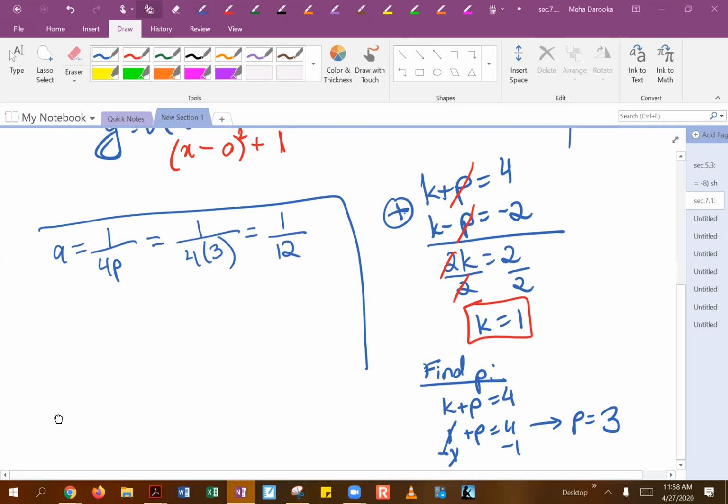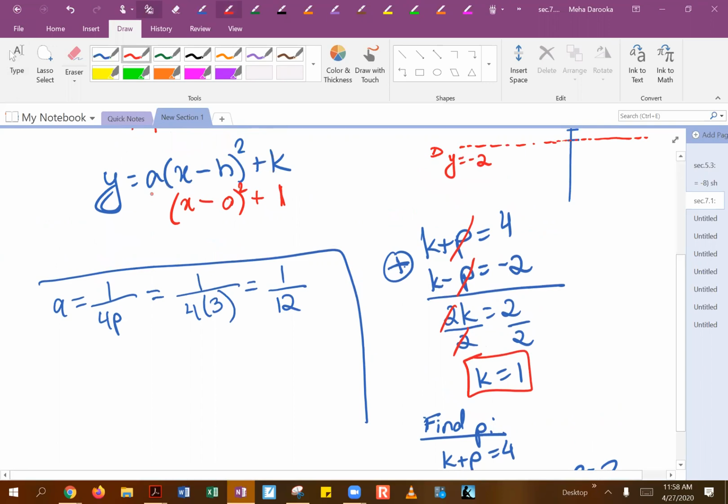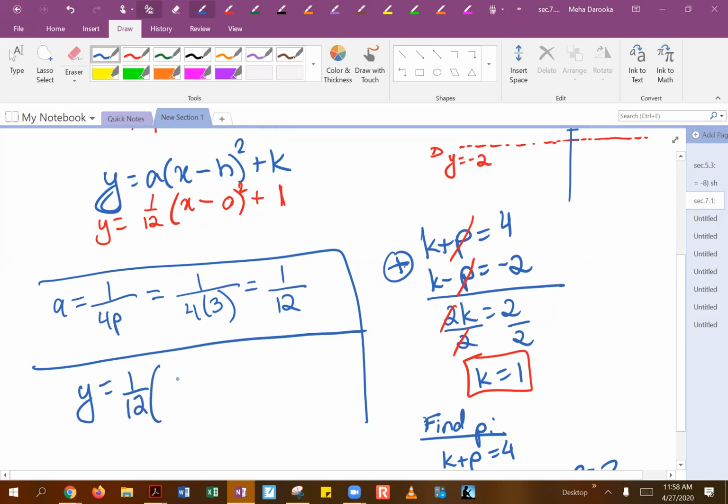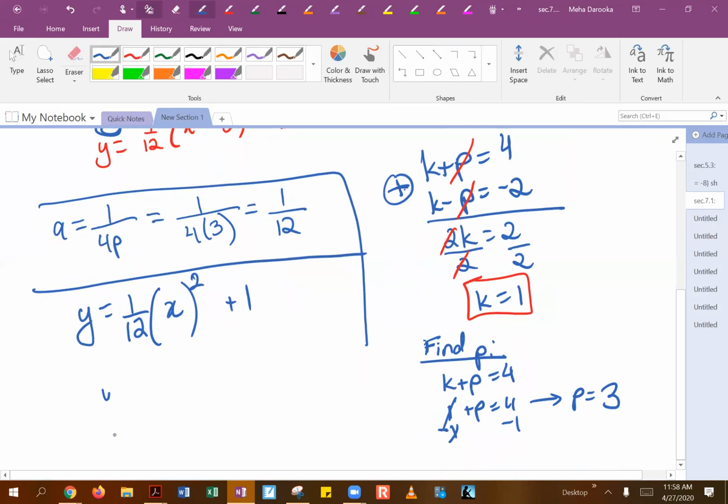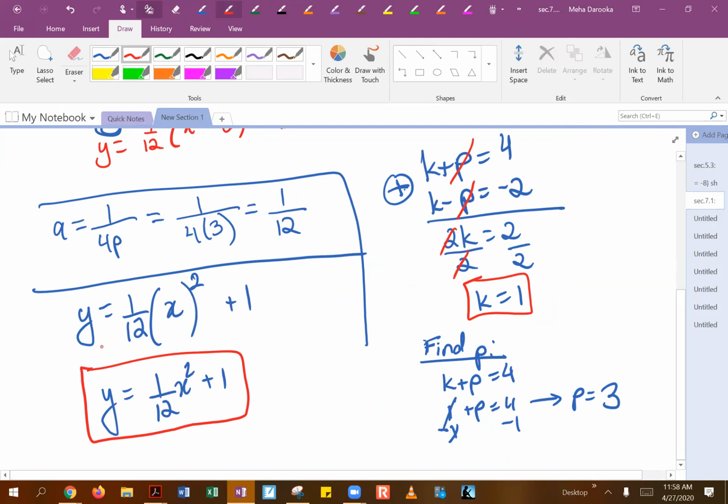So now that we have our A value also, you need to just clean up this equation and come up with your final answer. So that's Y equals 1/12. X minus 0 will just become X. So that's X squared plus 1. Or you can write it as Y equals 1/12 X squared plus 1. And this is going to be our equation.